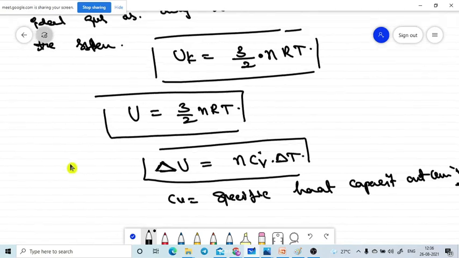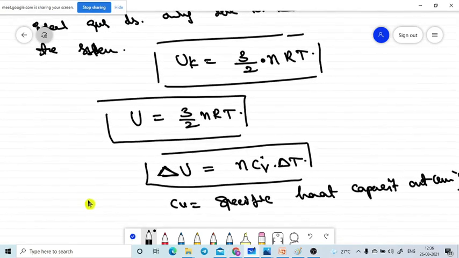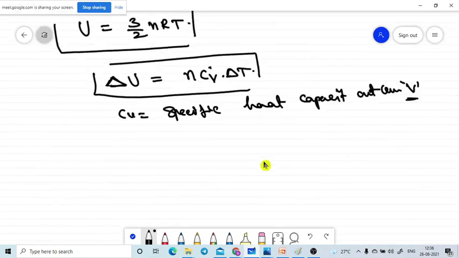And the change in internal energy of the ideal gas system is equal to n into CV dT. CV is the specific heat capacity at constant volume. dT means change in temperature, so delta T means T final minus T initial. This is a very important formula we are going to use.